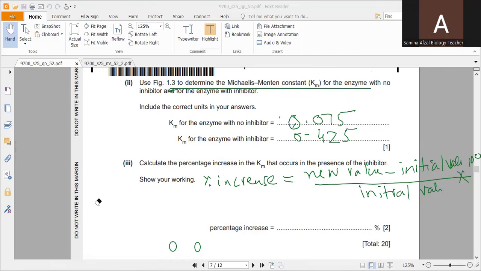So here the new value is 0.425 minus 0.075, divided by 0.075, multiplied by 100. In this way you can find the answer with this formula, and you can calculate with the help of a calculator. So it was all about question number 1.